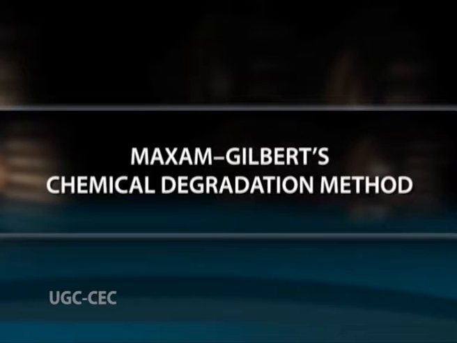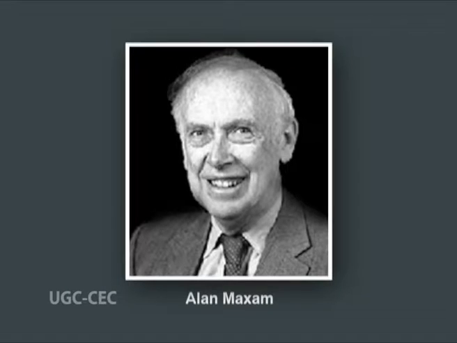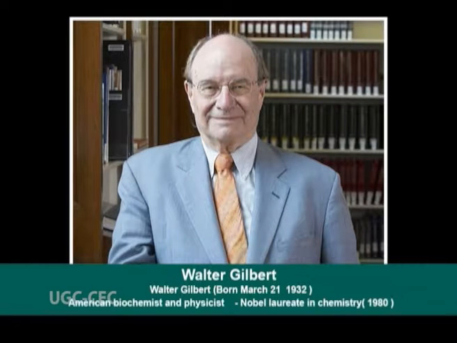Maxam-Gilbert chemical degradation method. Before the popular Sanger sequencing came about, there were 2 DNA sequencing methods introduced by Allan Maxam and Walter Gilbert in 1973 and 1976. The first is known as the wandering spot analysis, which reported a sequence of a whopping 24 base pairs.